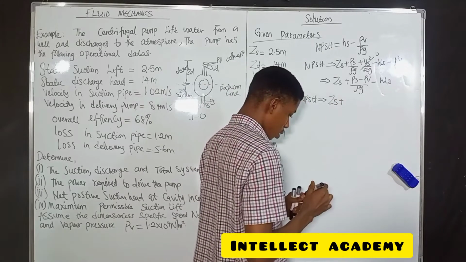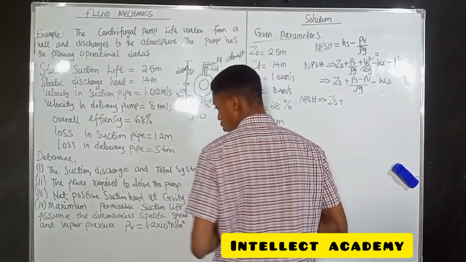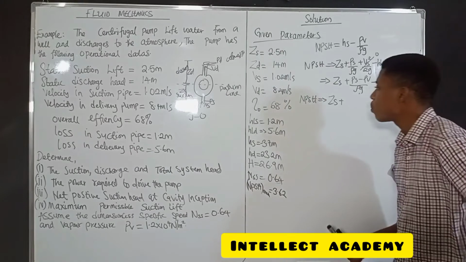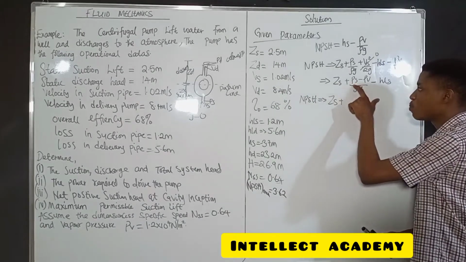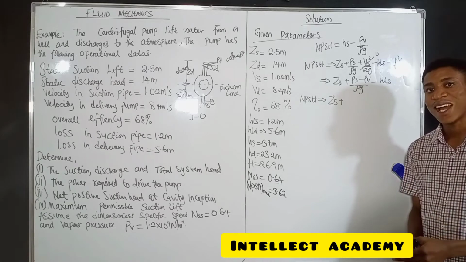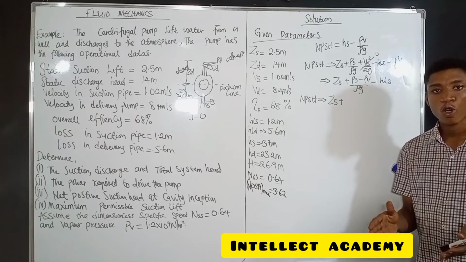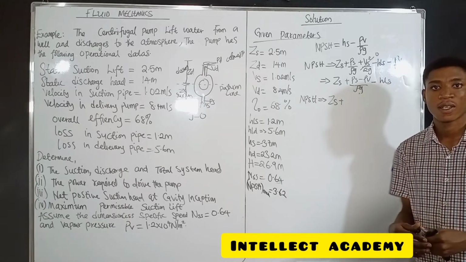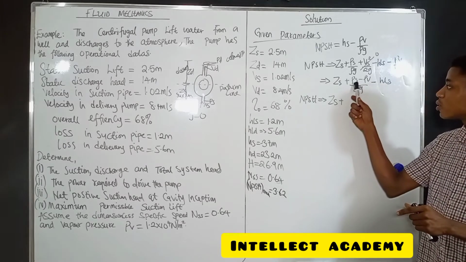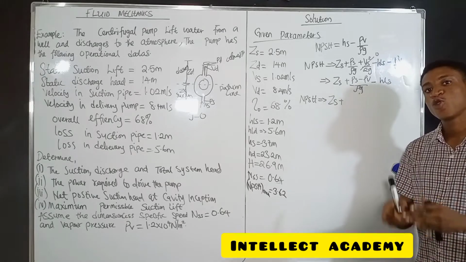Take note that at this point we are looking for the maximum permissible suction lift. It is very important that at this point, this Px is going to be P0. That is going to be the pressure of atmosphere. Take note, it is very important. At this point, Px is going to be Po.